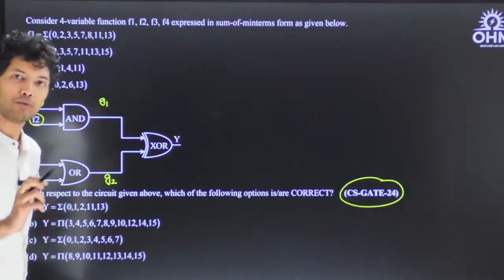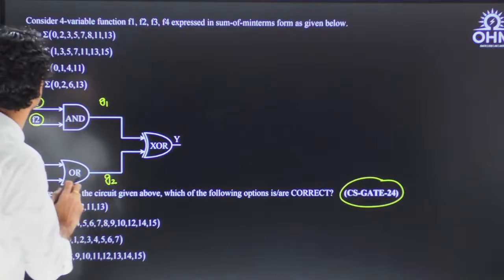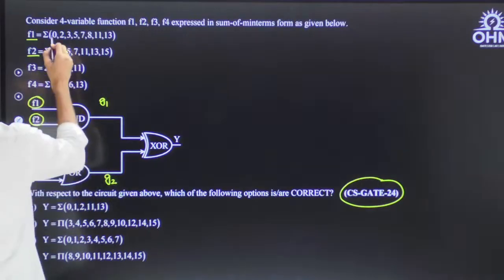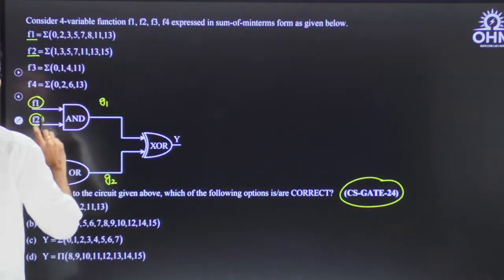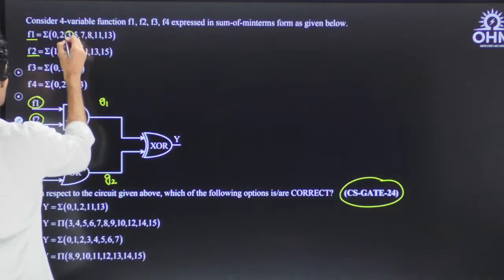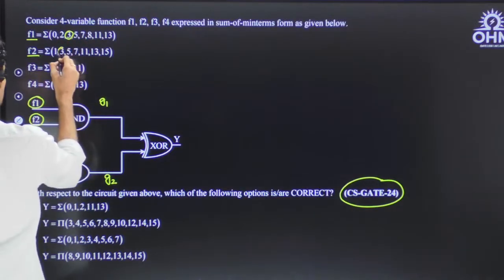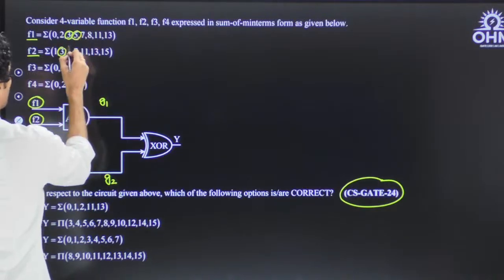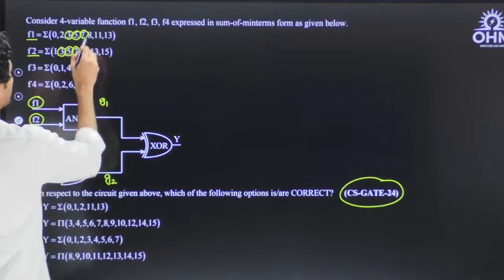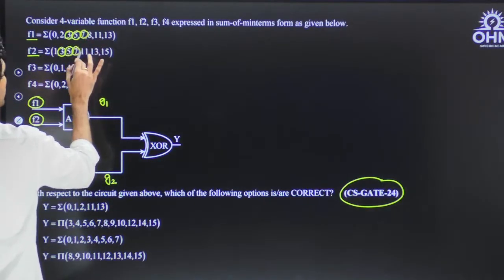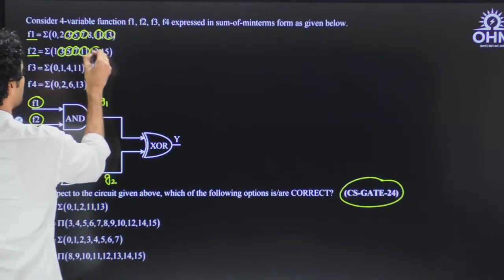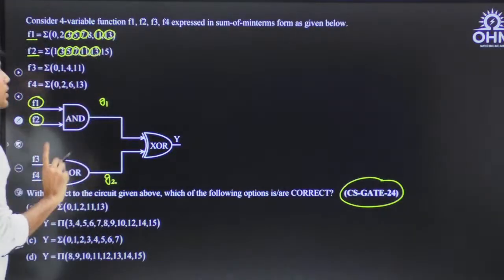In F1 as well as F2, let us look at the common minterms. I am having F1 here, F2 here. 0 is present here, not present here, not common. 2 is present here, not present here, not common. Here you can see 3 is common in both cases. 5 is also common. 7 is also common. 8 is present only in one function, not in the second. 11 as well as 13 are present in both of the functions. 15 is present in F2 but not in F1.